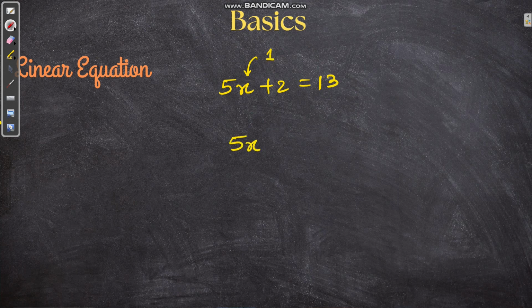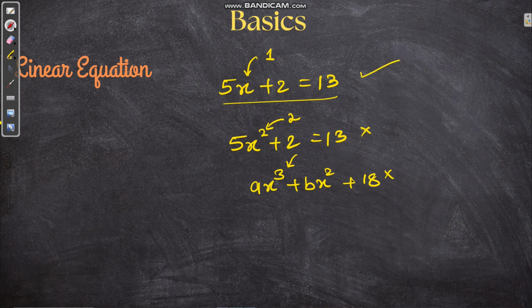If I write this as x square plus 2 is equal to 13, now the power is 2. Similarly, when you have something like ax cube plus bx square plus 18, here the maximum power is 3. So these are not linear equations, but the first one is a linear equation, because there's an equal to sign, you have one variable, and the maximum power is 1.